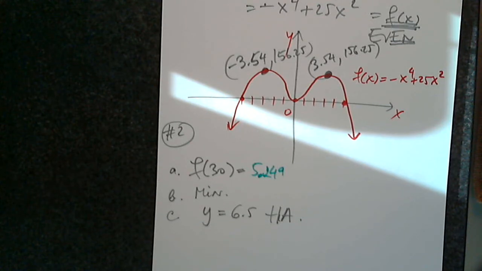So I want the minimum. Left bound 0, enter, right bound 4, enter. Oh, I was thinking of the y-axis. I'm sorry.